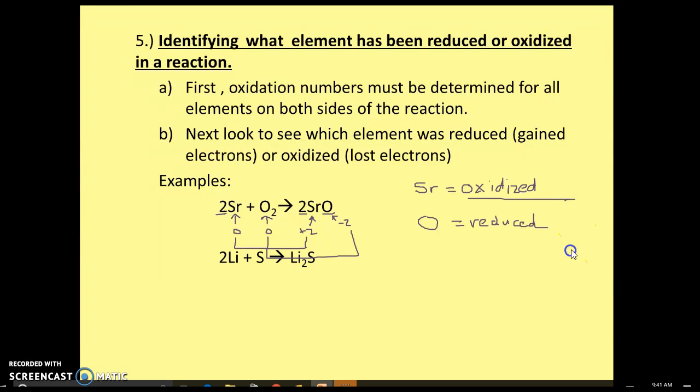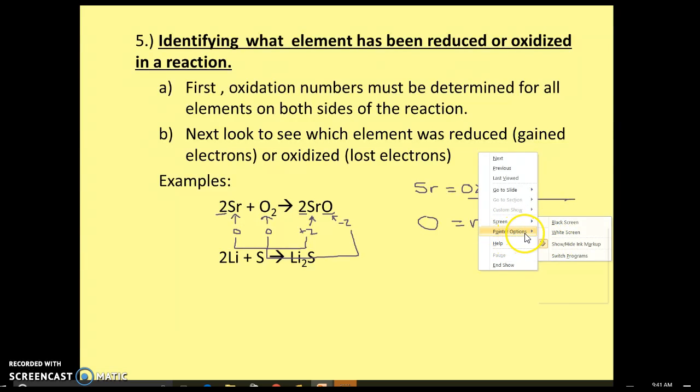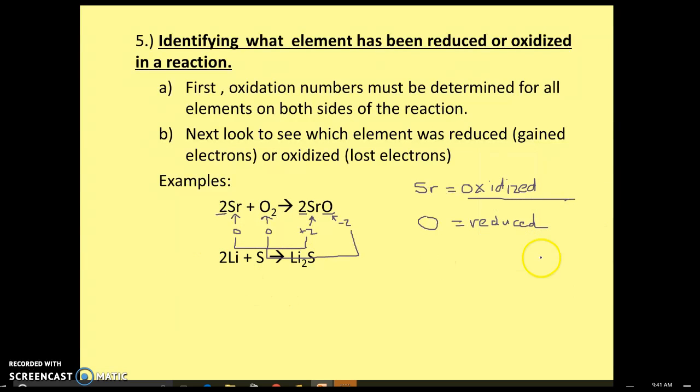So I think I have another example. I do. So let's get a pointer. And I'll do, I think I'm always in purple now. That's right. So first, start by assigning oxidation numbers. So lithium by itself, not bonded to anything, going to be 0. Sulfur again, by itself, not bonded to anything, is going to be 0. Now let's start with what we know in this equation.